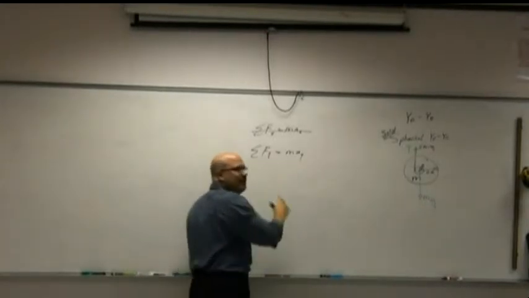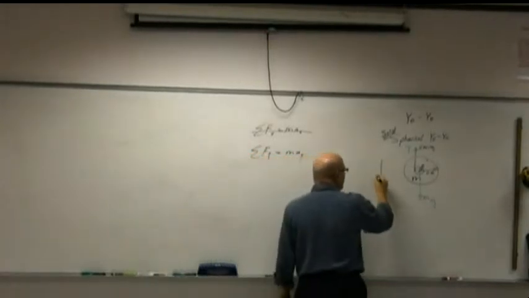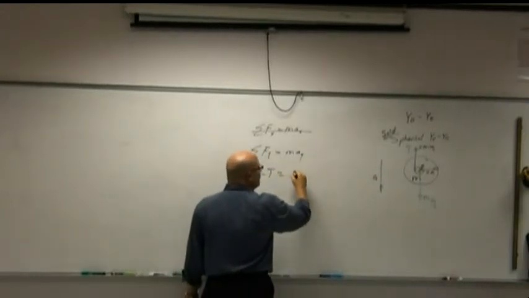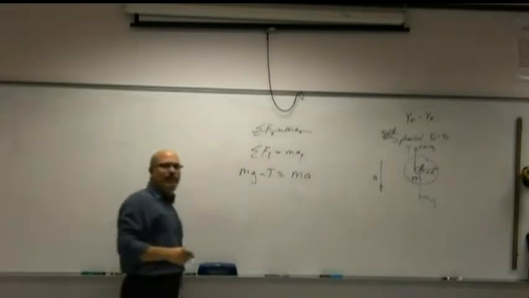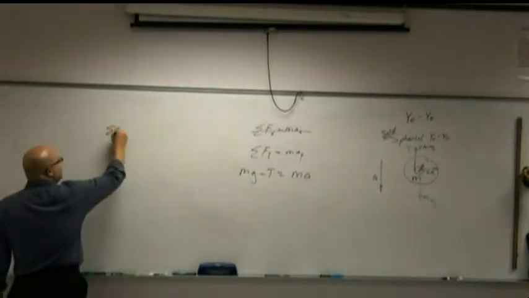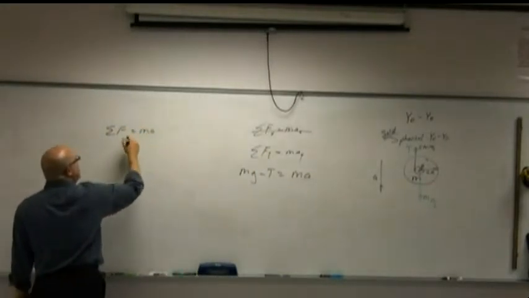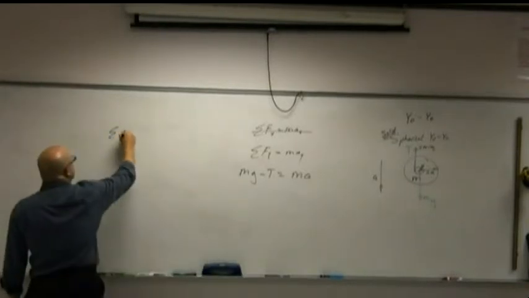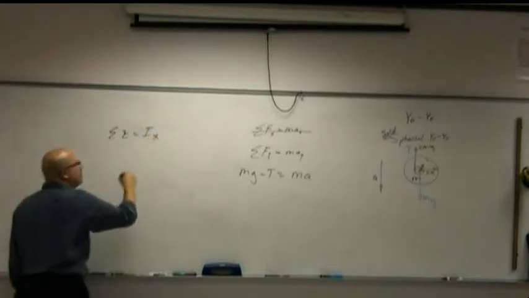All right, here we go. What does this look like? Which way is it accelerating? mg minus T equals ma. That's the same one we had before. Sum of the forces equals ma. The sum of the torques equals I alpha.